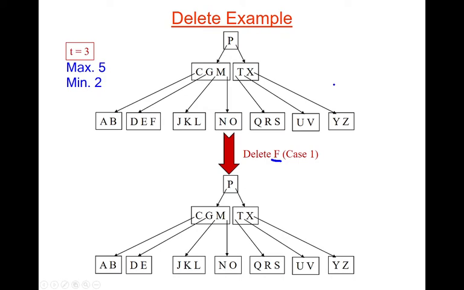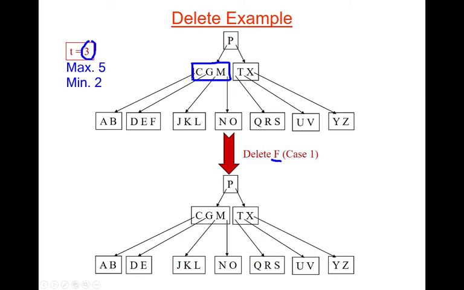First of all we will need to search for F. Now if we go from top to down, this node has less than t minus 1 keys, but it's a root node, so we ignore this. While searching for F, we know that F will be either in this node or in its children, but before going down we need to make sure that this node has at least t keys.